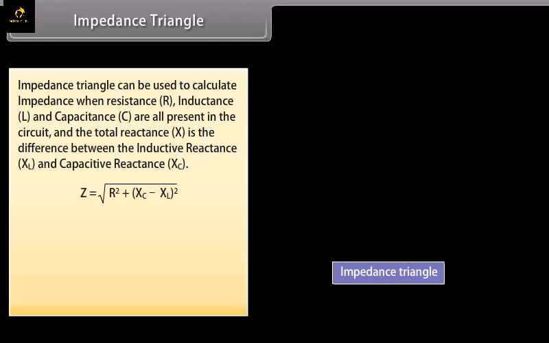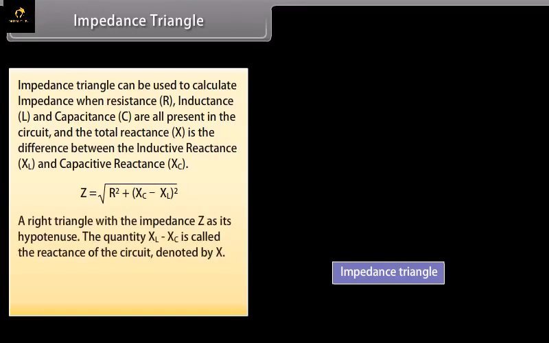Z is equal to the square root of R squared plus XC minus XL, squared. In a right triangle with the impedance Z as its hypotenuse, the quantity XL minus XC is called the reactance of the circuit, denoted by X. Tan phi is equal to XC minus XL upon R.